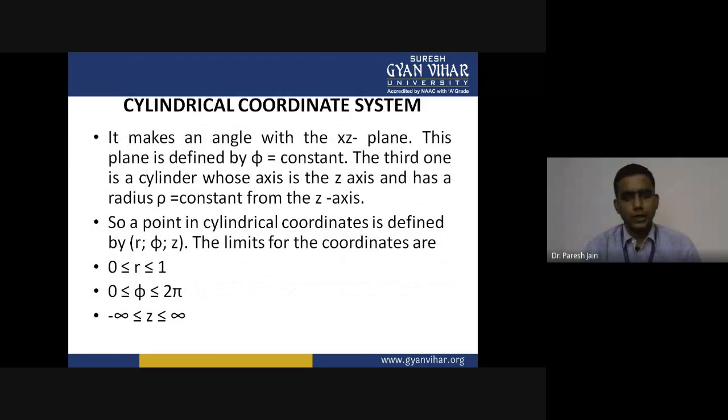In the case of the xz plane, if we map the cylindrical coordinate system with the Cartesian coordinate system, then phi is represented as a variable. The third one is a cylinder whose axis is the z axis and has a constant radius rho from the z axis. So a point in cylindrical coordinates is defined by r, phi, z.